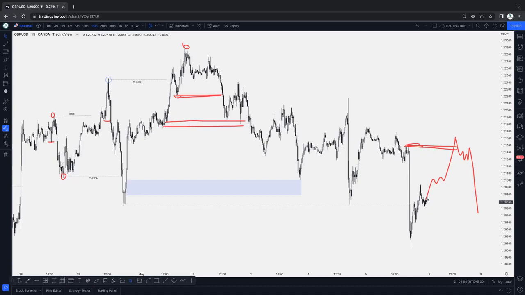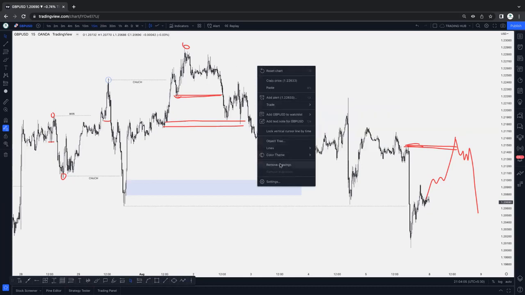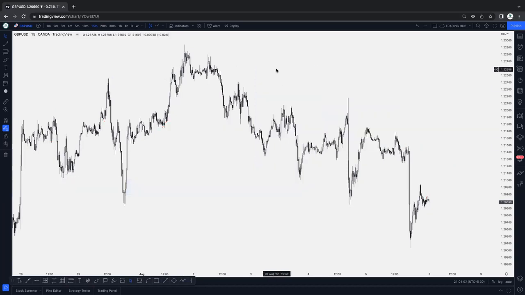Okay, so now let's start. Which pair should we start backtesting? GU, EU, or any other pair?